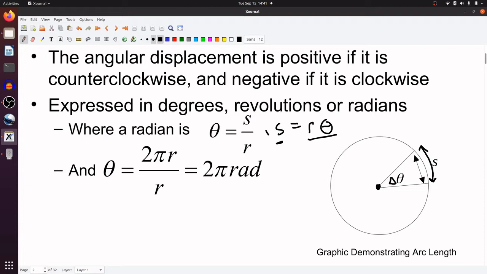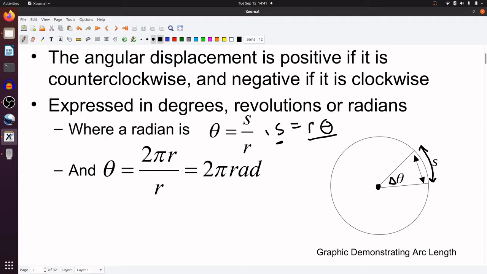Let's say I take this and I rotate it all the way around in a complete circle. We know that in a complete circle, you're going to go through one circumference.